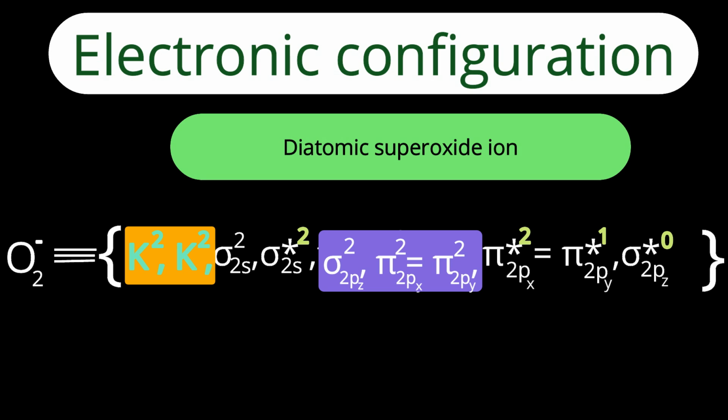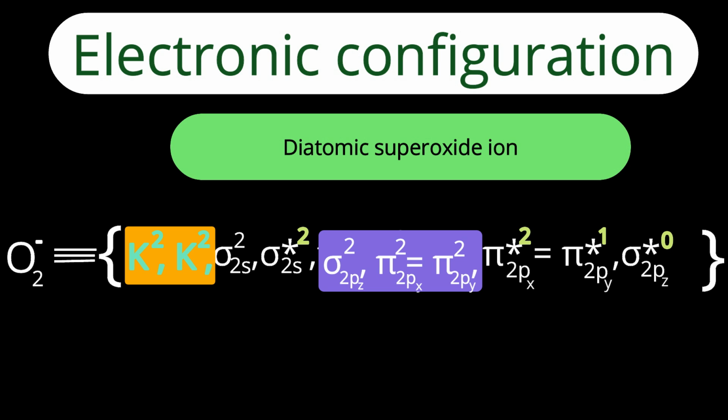K of O is of lower energy than that of O minus. Then comma, our molecular orbitals start. Sigma 2s, then sigma star 2s, then sigma 2pz, then pi 2px and pi 2py, their energies are the same. Then pi star 2px and pi star 2py, their energies are the same, meaning they are degenerate. And last, sigma star 2pz, it is highest in energy.